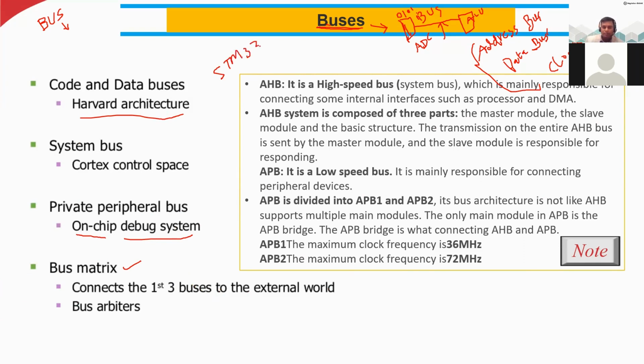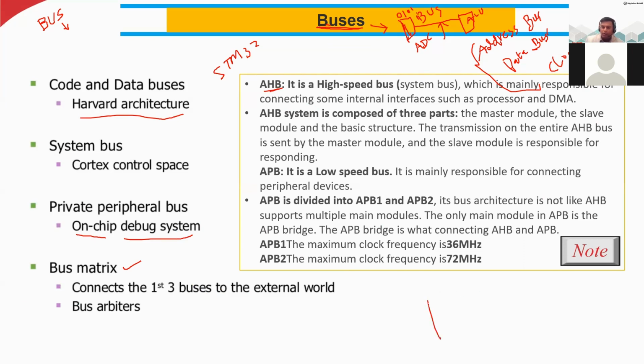In the STM32 microcontroller, we can say there are two important buses. The first one is called AHB, the high speed bus. Actually, this is a system bus. It is mainly responsible for connecting internal interfaces such as the processor and DMA.